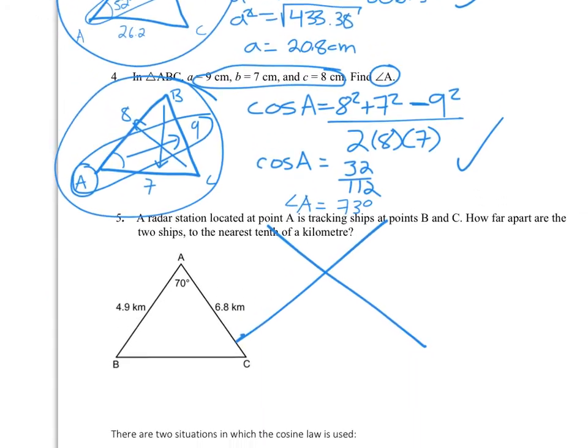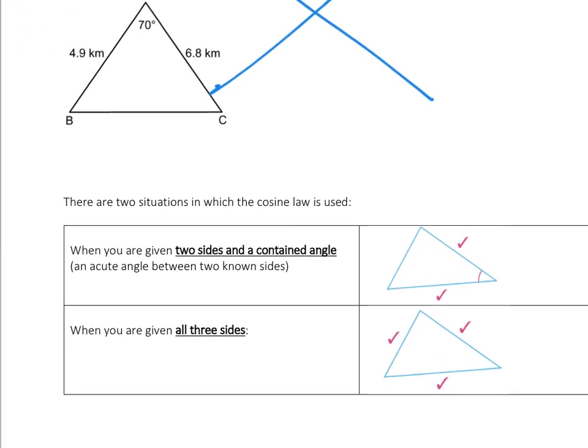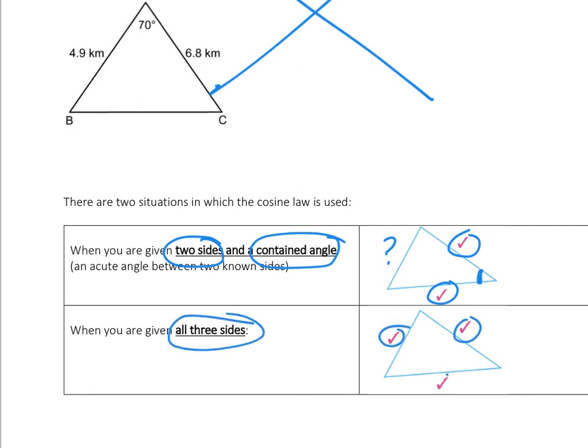So now going to the end here with a summary of when we can use cosine law. We can use cosine law when you're given two sides and the contained angle. So what that means is you've got this contained angle between these two sides. So what am I asking you to solve for? This other side length. Or when you've got all three sides, 1, 2, 3, and then I can ask you for any angle because it matches up.